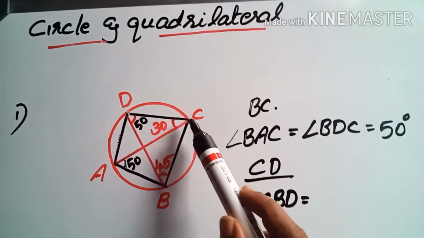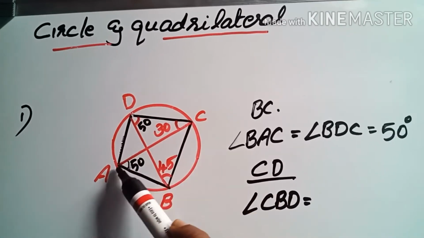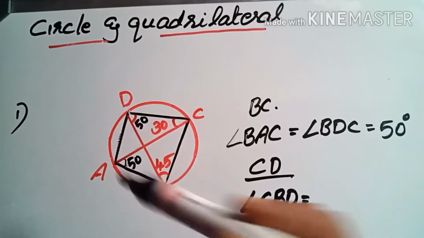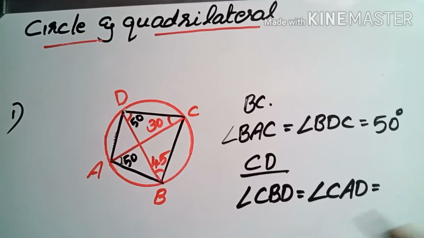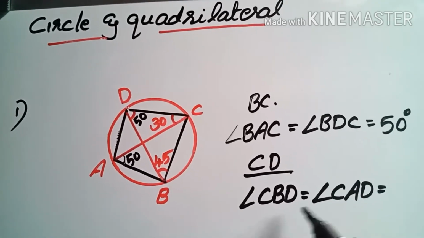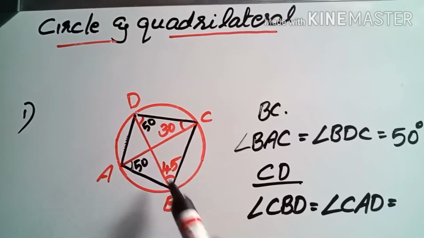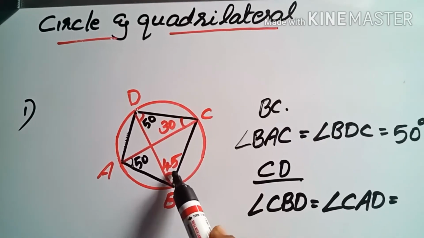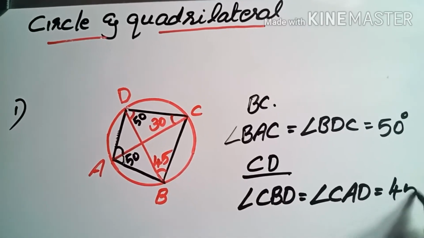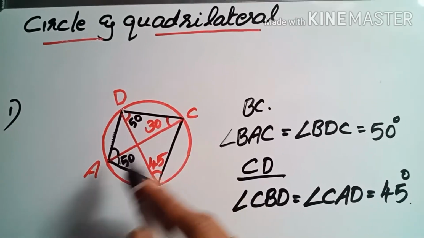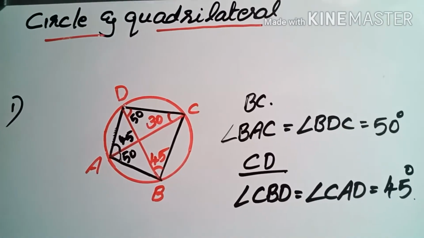Check any other angle starting from C and ending at D. So CAD. So angle CAD. These two will be equal. Here in these two, angle CBD is given in the question. CBD is 45 degrees, so this will also be 45 degrees. Angle CAD will also be 45 degrees. Okay, so we got these angles.